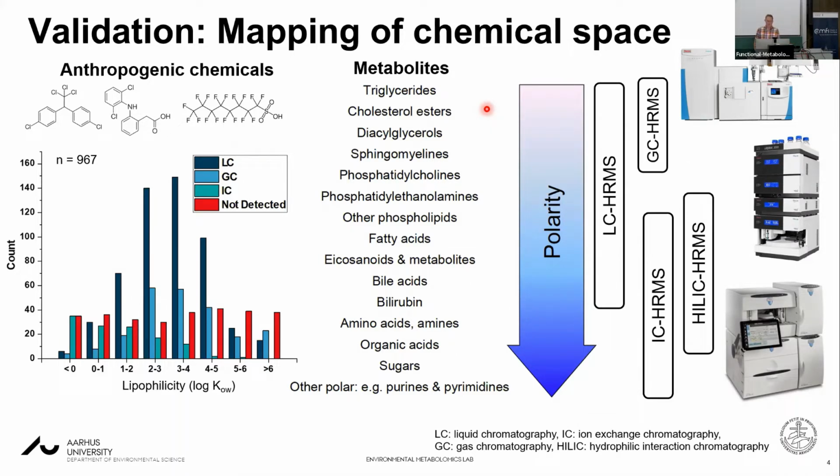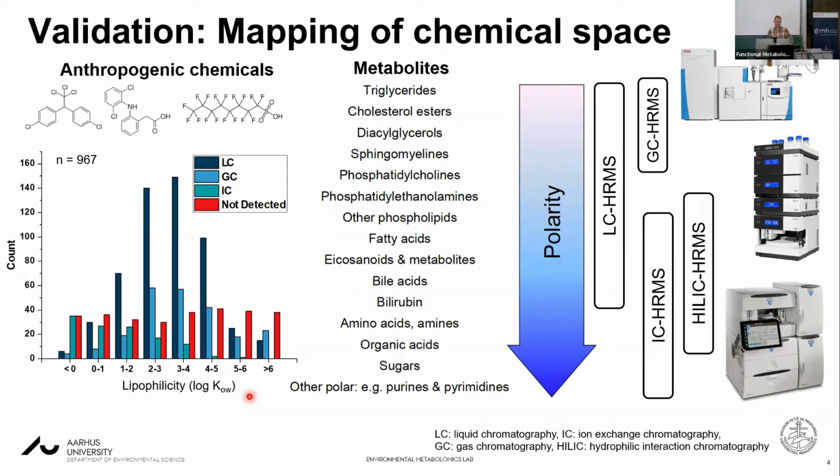First of all, we use different platforms. We use a GC Orbitrap system, LC Orbitrap, and an ion exchange Orbitrap system. And it is quite known from the Metabolomics Society what kind of metabolites are being retained and can be detected on the different platforms. So we also did that with anthropogenic chemicals, trying to map which chemicals are being detected on the various platforms and if there was any system.